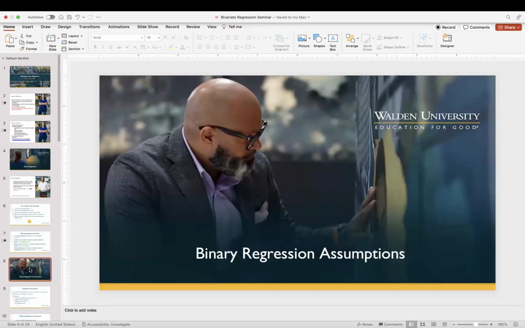Now, because regression is what we call a parametric test, there are a lot of assumptions that should be met regarding the data, how the data is shaped, or the distribution or the patterns of the data. The way you can think about this is that there's a mathematical formula for bivariate regression. And the mathematicians went into the laboratory.